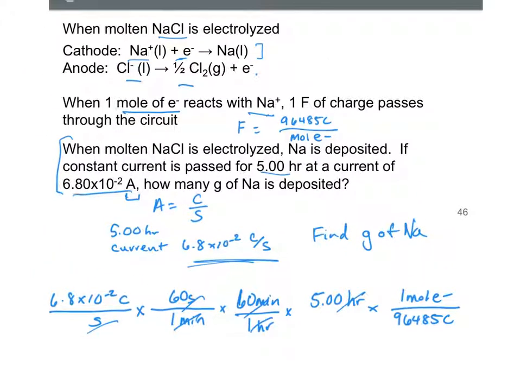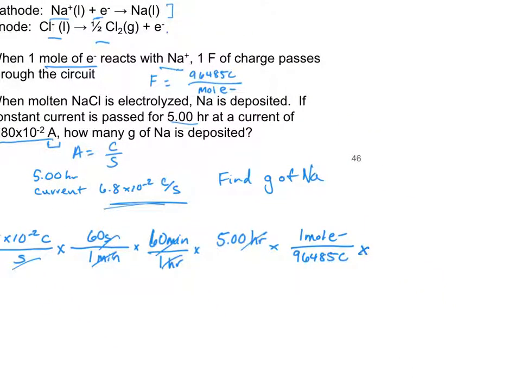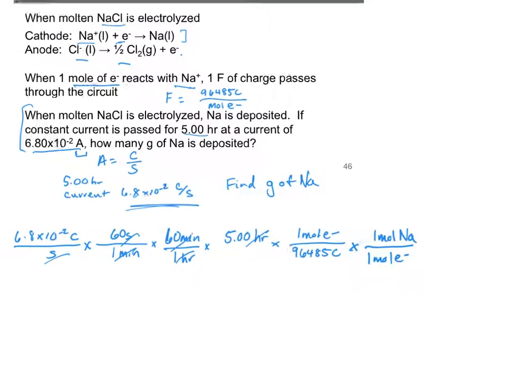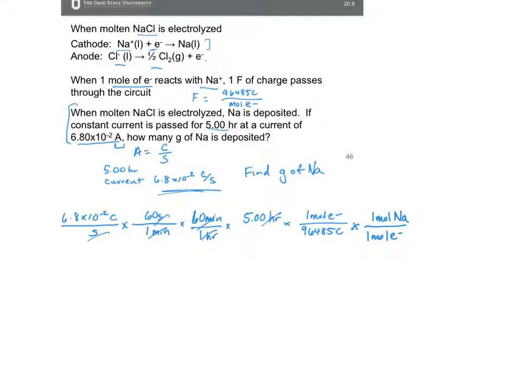And we also know from our cathode reaction that we have 1 mole of electrons per 1 mole of sodium. So 1 mole of electrons in the denominator, 1 mole of sodium in the numerator. But we don't want moles of sodium, we want grams of sodium, so we can use our molar mass.